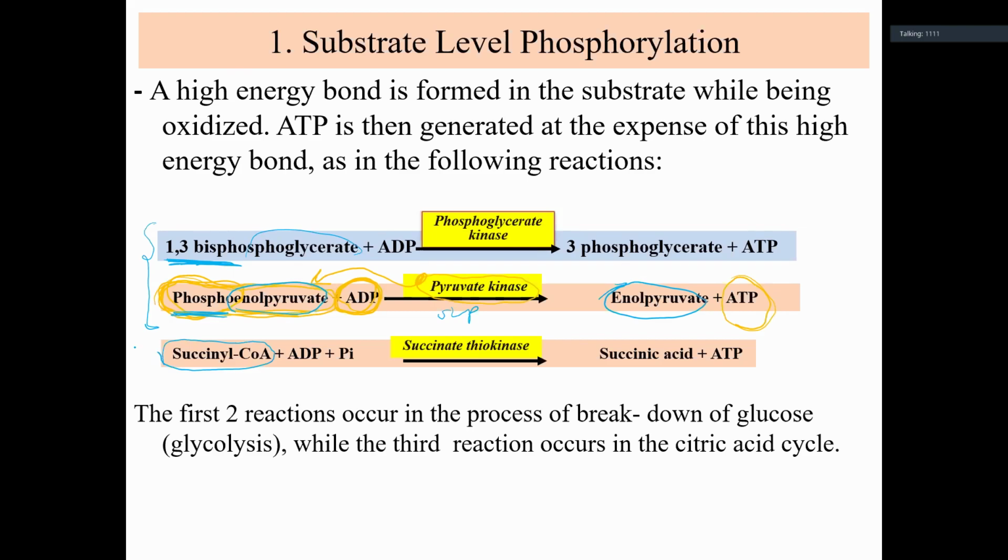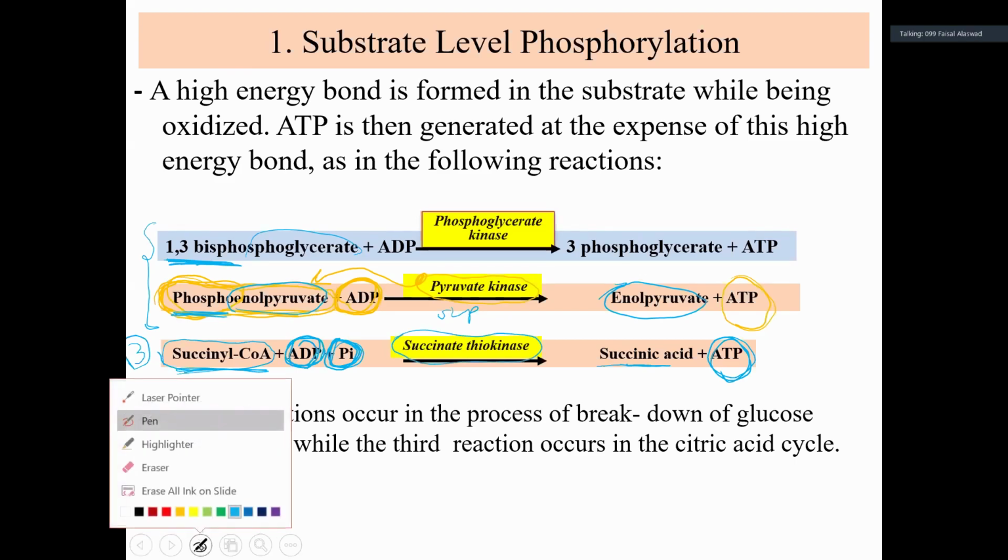But here in the third example, the phosphate is not present in the substrate, but the reaction is such that succinyl-CoA will take 1 phosphate from the cytoplasm, add it to ADP, and will convert into succinic acid, and ATP will be formed. The enzyme is succinate thiokinase.